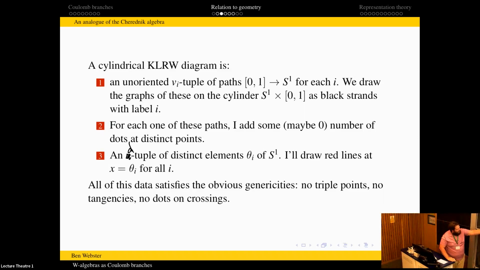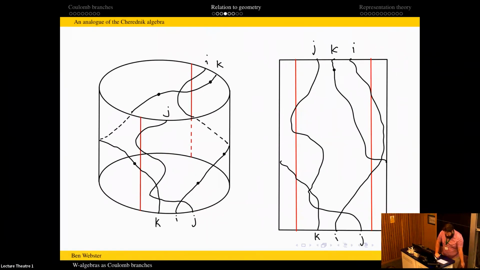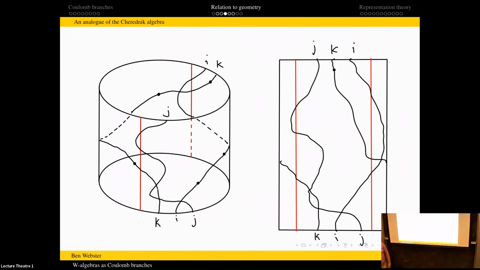All right. And all of this data is supposed to be generic. So there are no triple points between all these things. There are no tangencies, and dots never sit on crossings. All right, so the picture I get is something like this. Right? So each one of these red strands is one of my paths, and I'm drawing the graph of it. And I don't know, because I'm weird like that, I'm not drawing the graph on the side, I'm drawing it up and down.